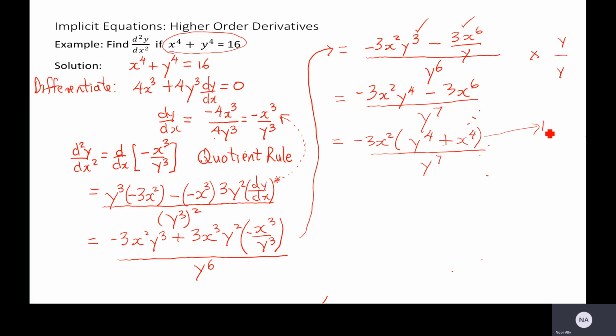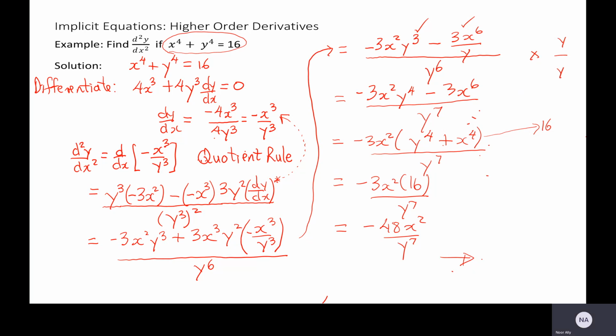So this is simply 16. Substituted into there, I get minus 3x squared times 16 over y to the power 7, giving me my final answer, minus 48 x squared over y to the power 7.